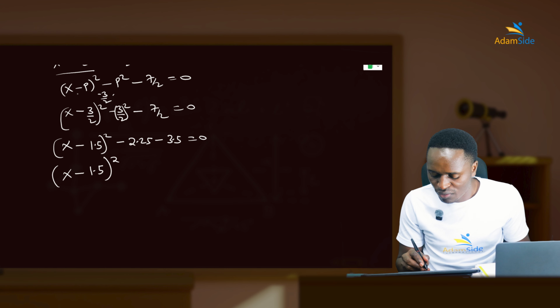And we know here, b is 4, so divide by 2, you get 2. So it becomes x plus 2 squared minus 2 squared minus 1. So it becomes x plus 2 squared minus 4 minus 1, your answer becomes x plus 2 squared minus 5, which is equal to 0.